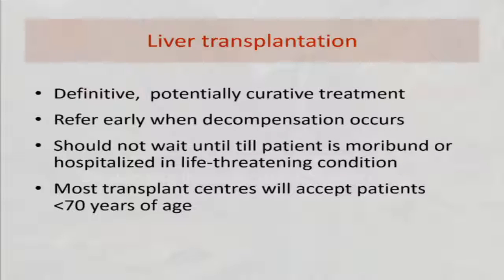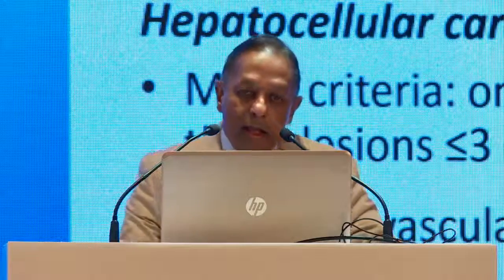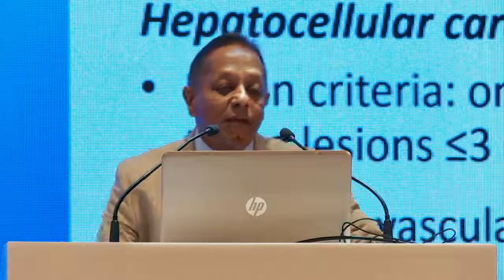Although there is no clear cutoff for age for transplant, most transplant centers will willingly accept patients less than 70 years of age to be considered for transplant. There are two main indications for transplant.